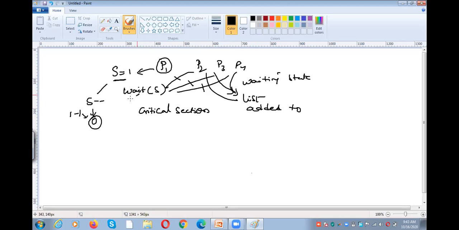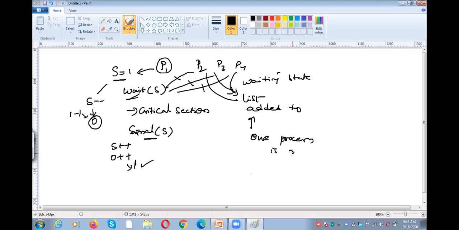P1 performs the wait operation and goes into the critical section, and after coming out of the critical section, it performs the signal operation. What is signal? S plus plus. S plus plus means 0 plus plus, that means 1. Whenever the semaphore value becomes 1, one process is removed from the list.